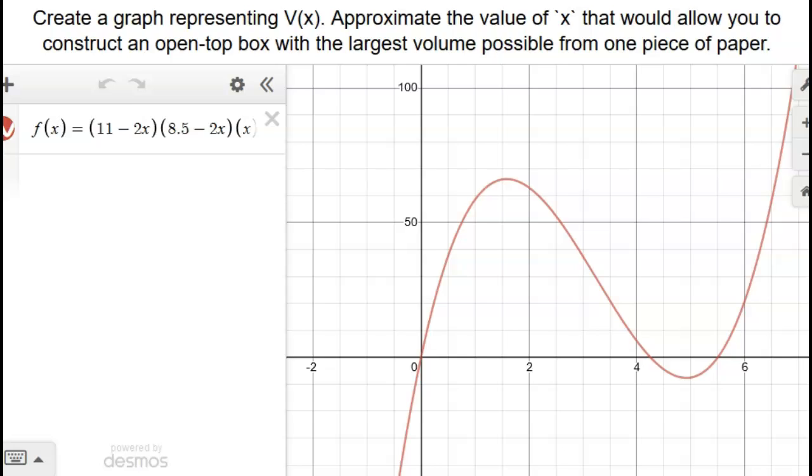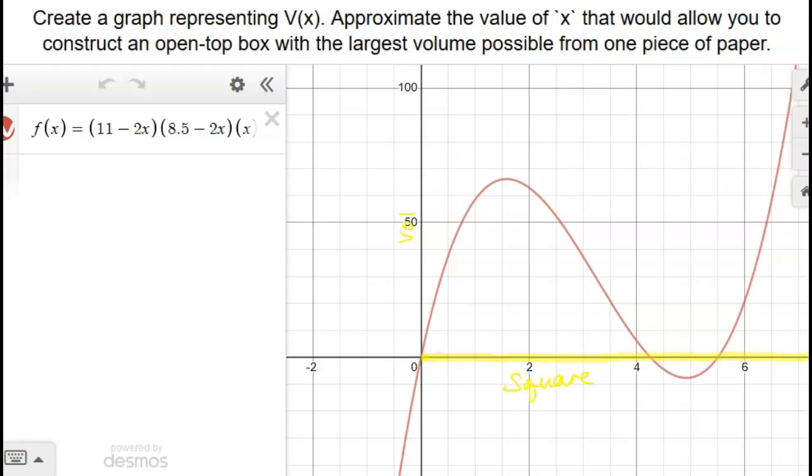Okay, so again, if we look at this, it's a little bit better graph. This is still the volume. You can see a little bit better on this one. Here is the domain for this problem, all along here, okay? Again, this is our volume. This one is our square.